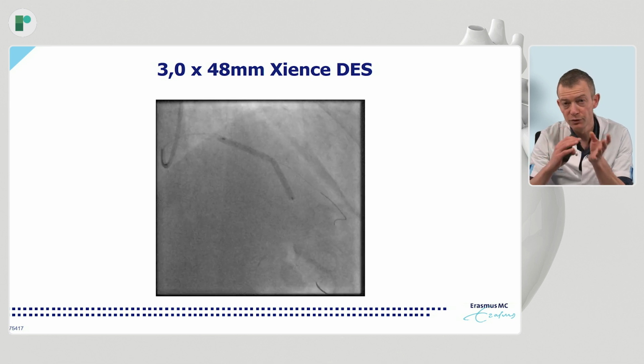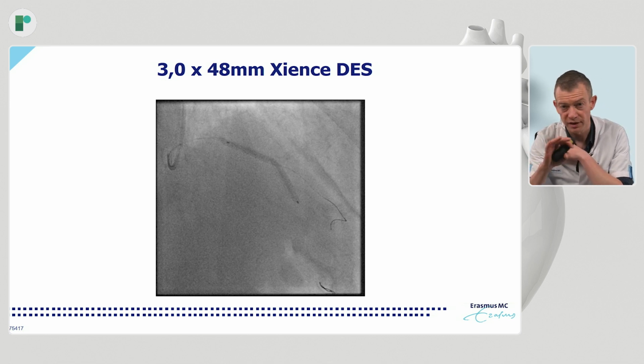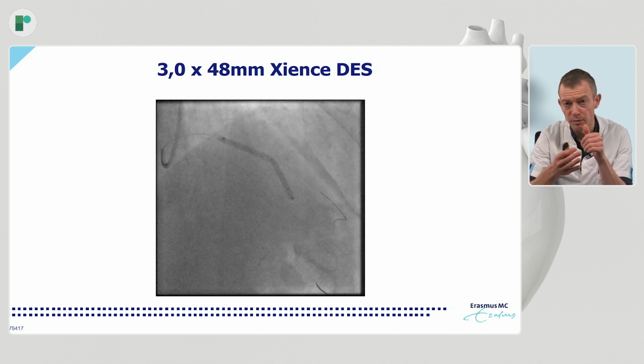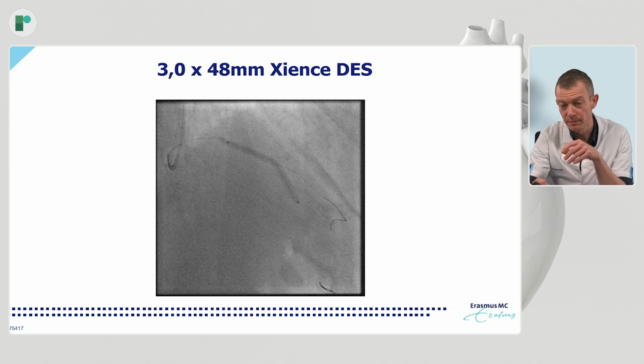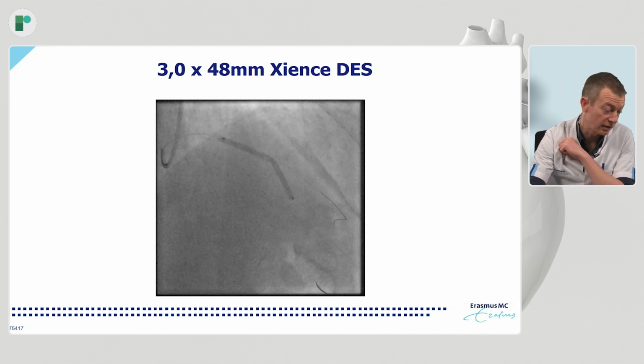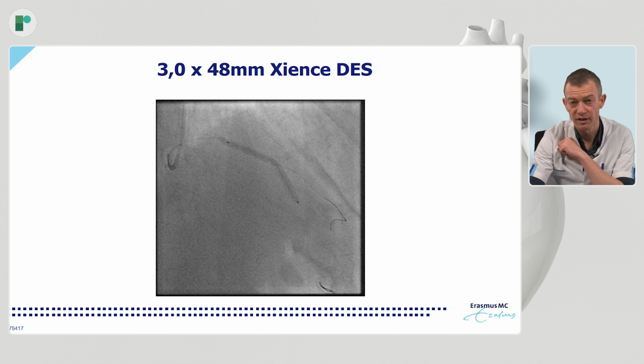So no need to use a lot of contrast to check the distal edge, etc. Because we knew that with a 48 millimeter stent positioned in the proximal part of the LAD on, for instance, a caudal projection, the stent would land in the healthy territory that we just confirmed on the IVUS. So again, an example of how IVUS can help you to reduce contrast load, also in patients with nephropathy.